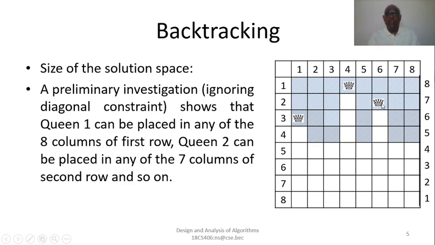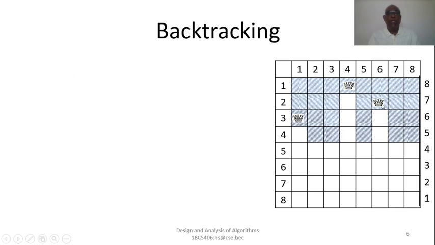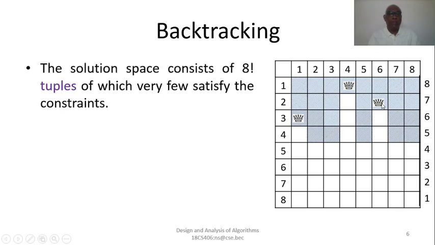That defines the size of the solution space. So obviously the size of the solution space here is 8 into 7 into 6 into 5 into 4 into 3 into 2 into 1, which means the size of the solution space is 8 factorial, or there are 8 factorial possible 8-tuples, which are candidates for being the solutions.